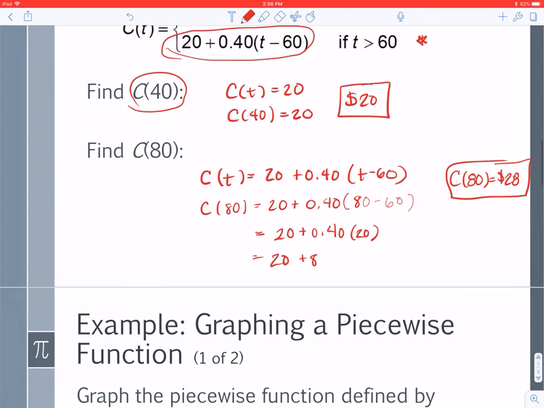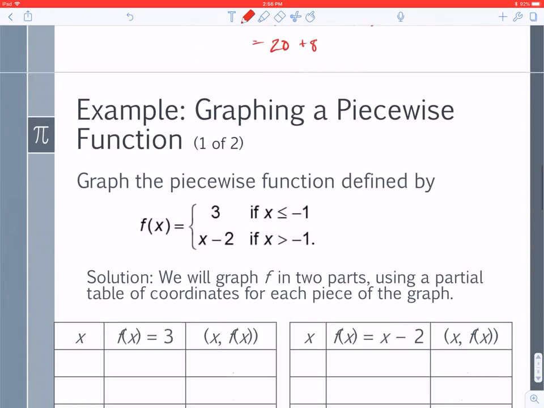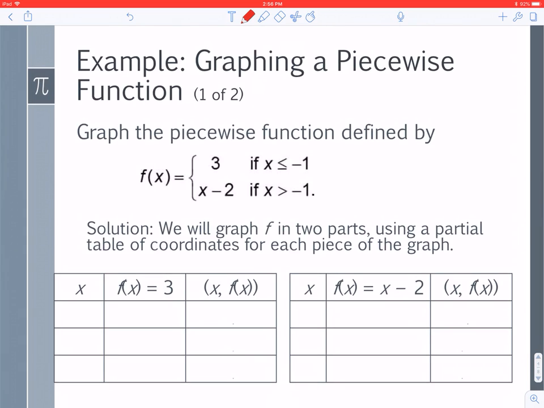Okay, so a piecewise defined function is a function where we define the output using different equations depending on where our input is in our domain. Okay, we can also graph these. And to graph a piecewise defined function, you graph each piece separately.